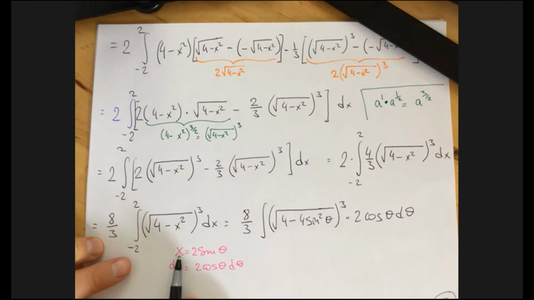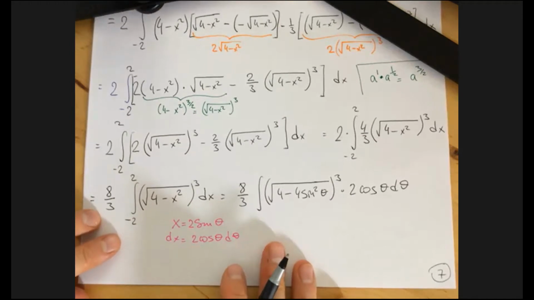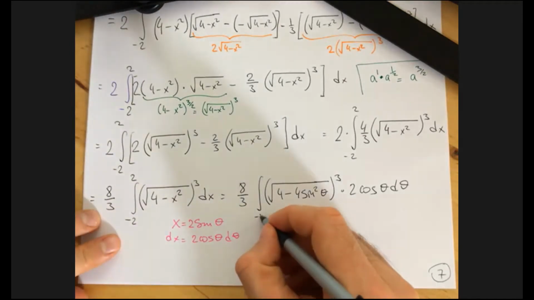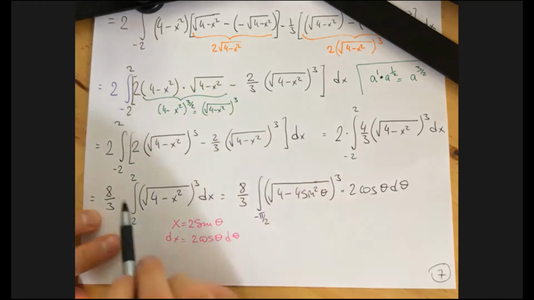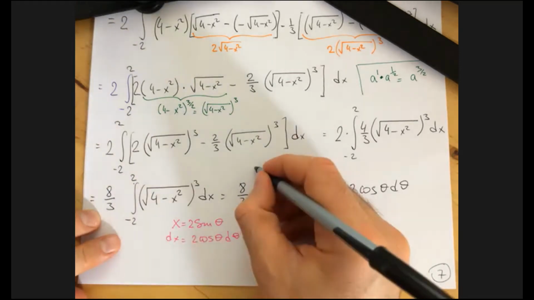When x is -2, I have -2 divided by 2 is -1. Arcsine of -1 is -pi/2. When x is 2, 2 divided by 2 is 1. Arcsine of 1 is pi/2.